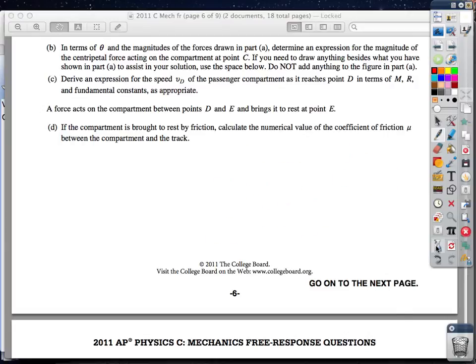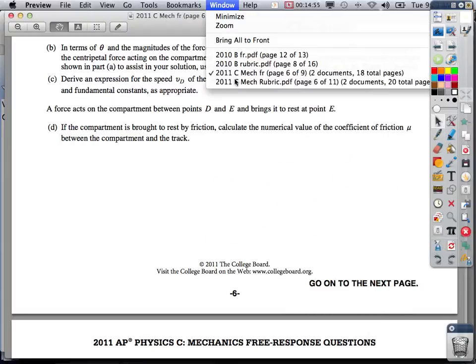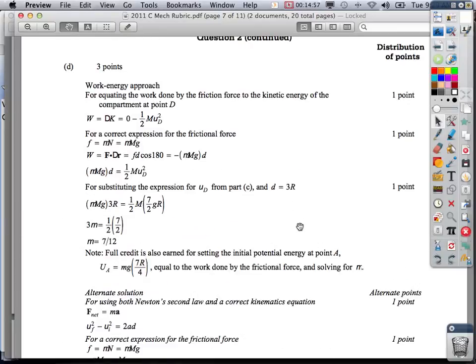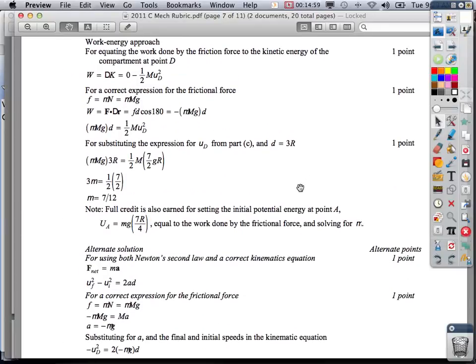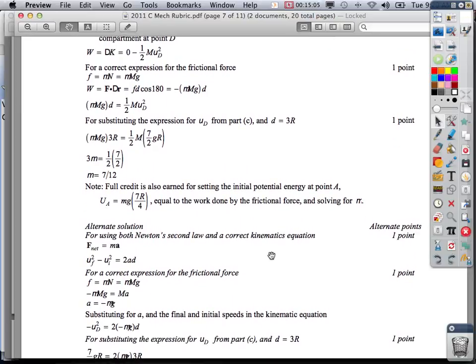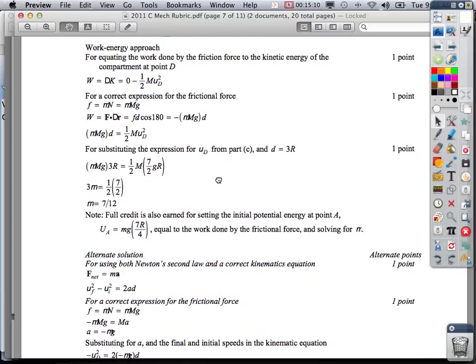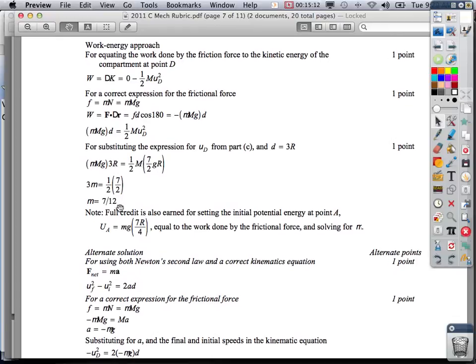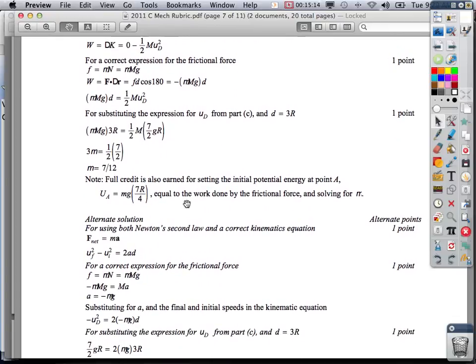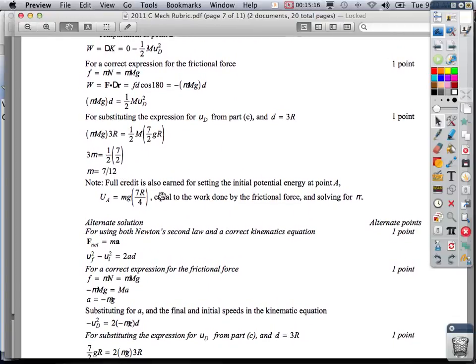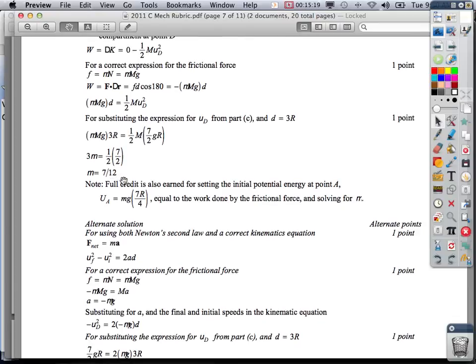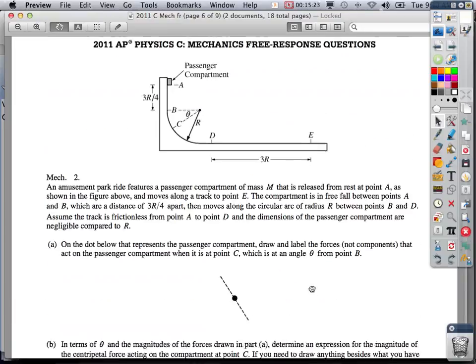Let's see if that works. Oh, nice. They have something different. Oh, is there something in the drawing that shows us?